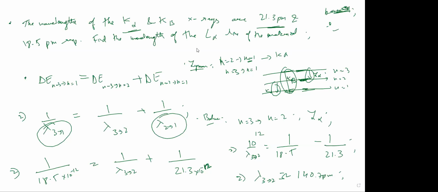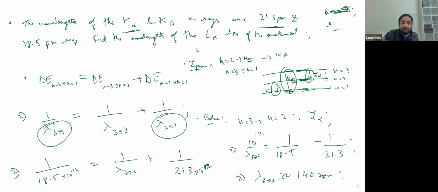So for the right hand side, like 1 by 18.5 minus 1 by 21.3, I'm getting 0.00710. Yes, a huge number. And then you'll have to invert it also, no? Because this is in the denominator, so you'll have to invert the whole thing.